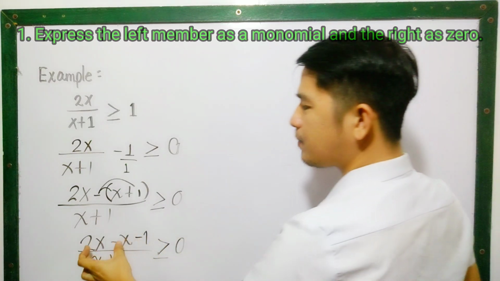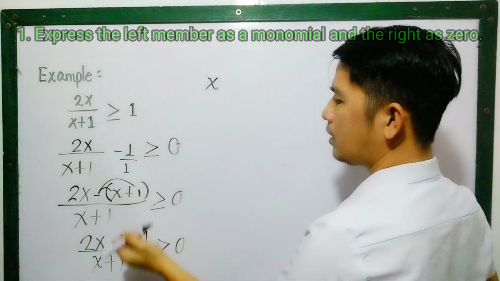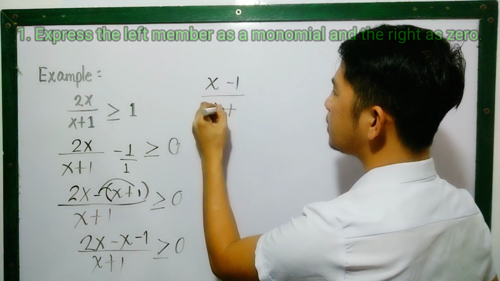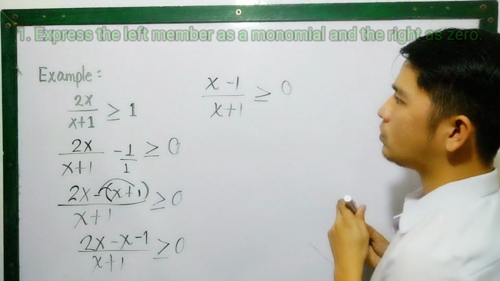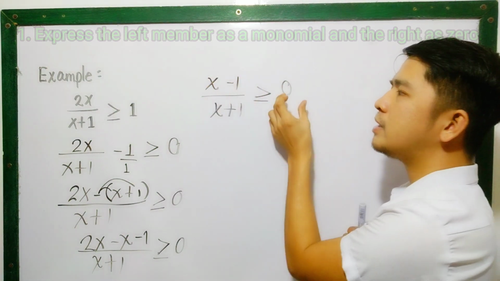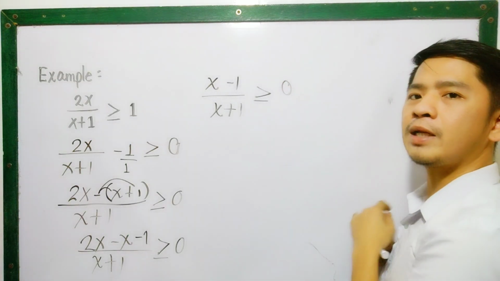So, iayos pa natin to. That will be 2x minus x is x minus 1 all over x plus 1 greater or equal to 0. So, kung titingnan nyo, isa na siya ngayong monomial at naka-0 na ang ating right member ng inequality.